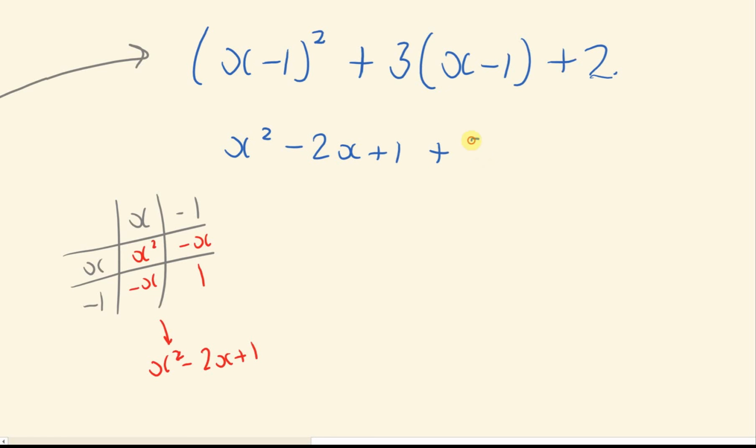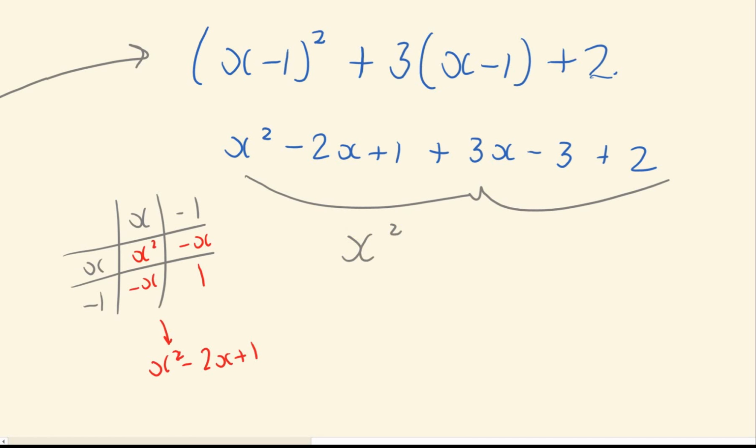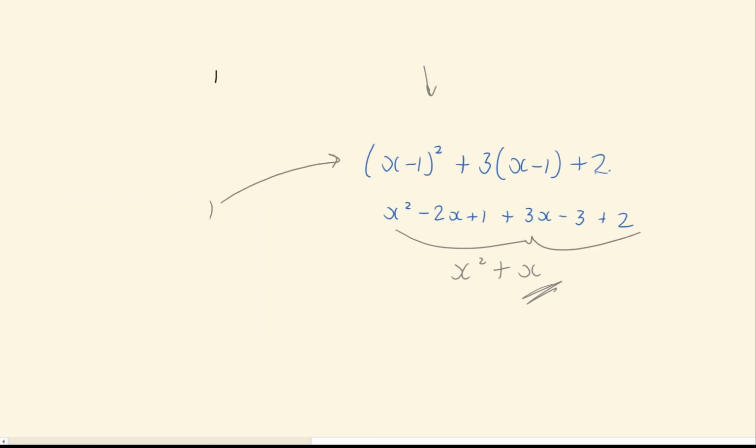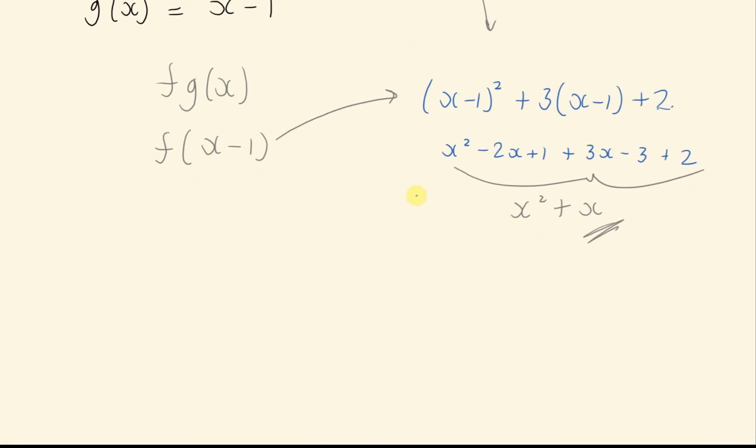My next term, expanding that, gives me 3x minus 3. And again the plus 2 stays as it is. Next we just group that all together. I've got x squared, I've got minus 2x plus 3x, which is just plus x, and plus 1 minus 3 plus 2 gives me nothing. So that's my answer. What we worked out there is the compound function f(g) of x.